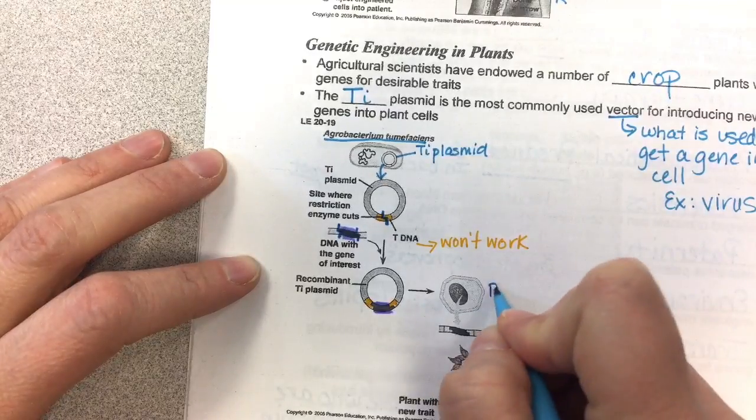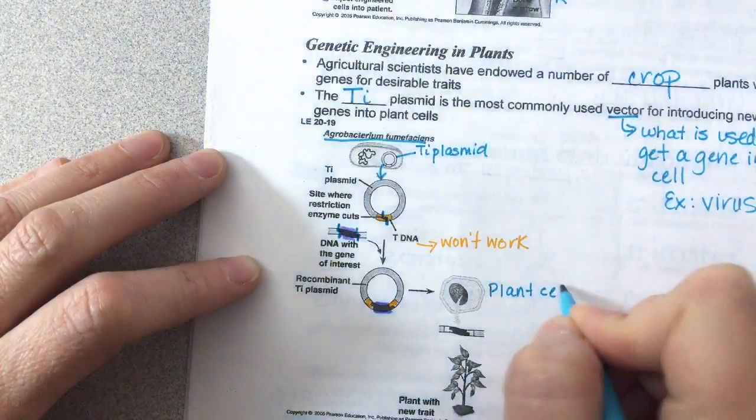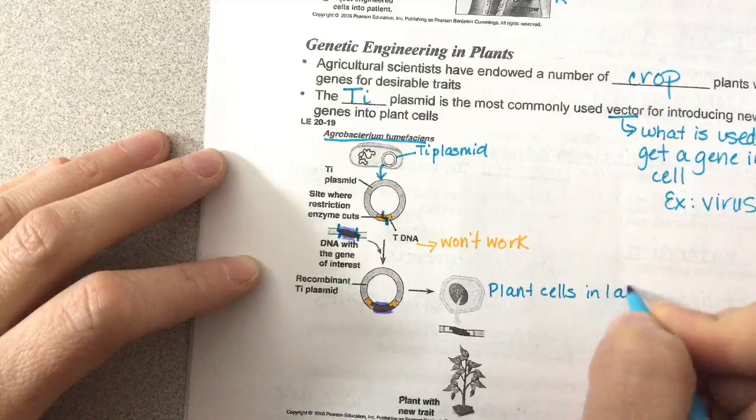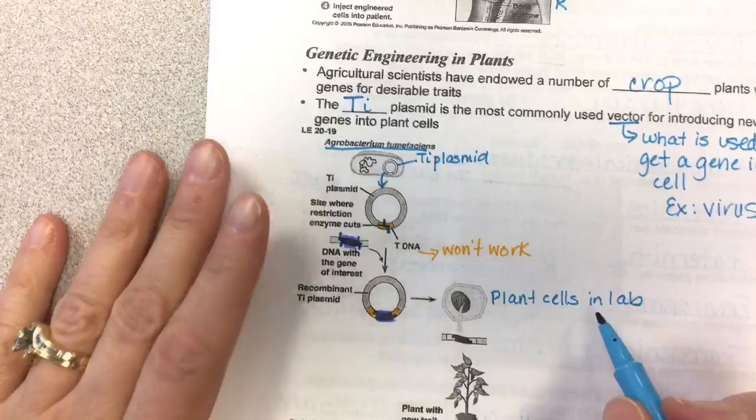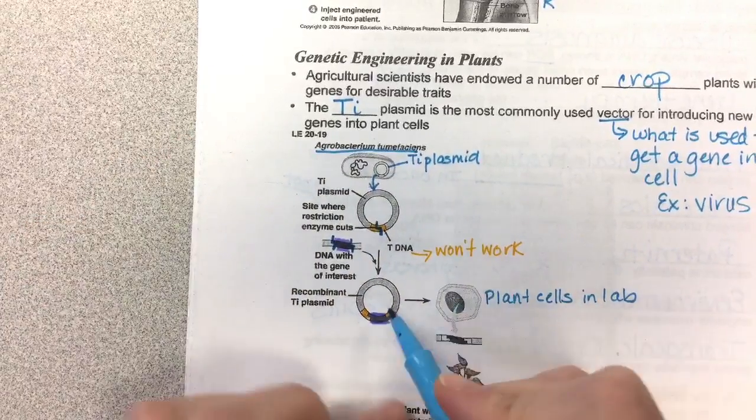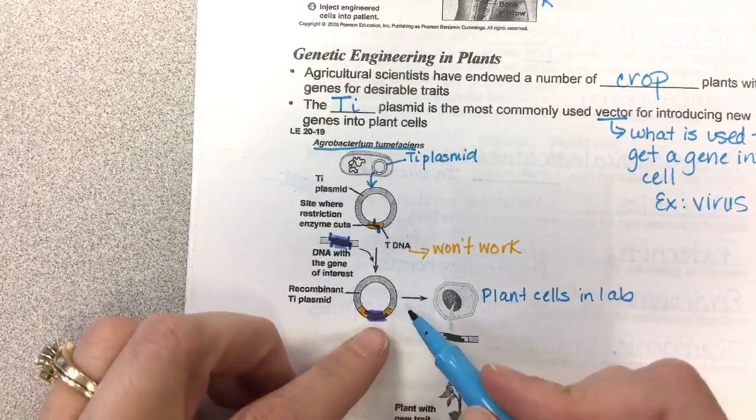Then what they do is they take plant cells in the lab, and if you recall, plant cells don't take in foreign DNA, only bacteria do.